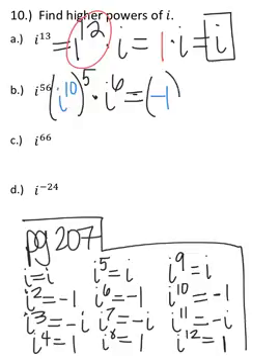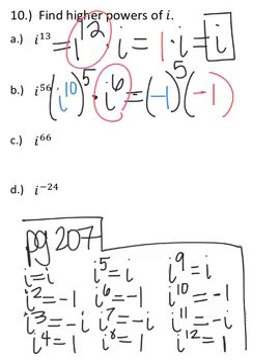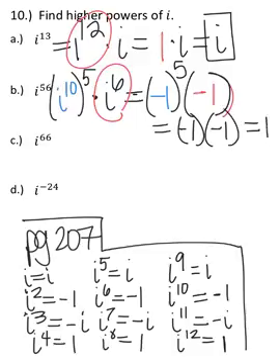So we have -1 to the 5th power times i to the 6th, which is -1. So now -1 to the 5th power is going to be -1 times -1 gives me a final answer of 1.